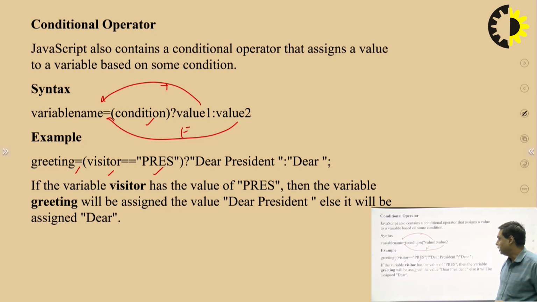If the visitor variable has the value PRES, that is president, then the value dear president will be assigned to greeting. If this condition fails or is false, then the value dear will be assigned to greeting. So the conditional operator is just like an if-else statement, putting the if-else statement in one statement. So we call it a conditional statement.